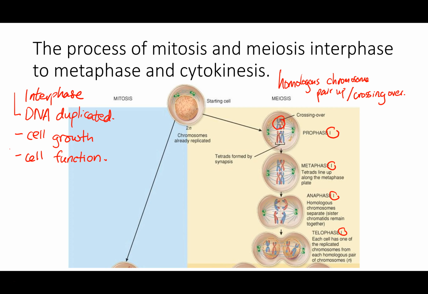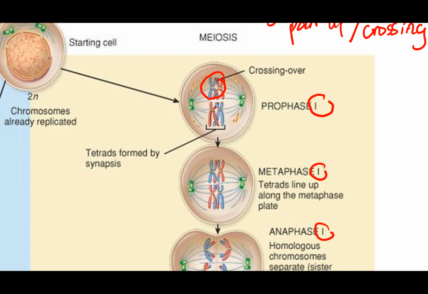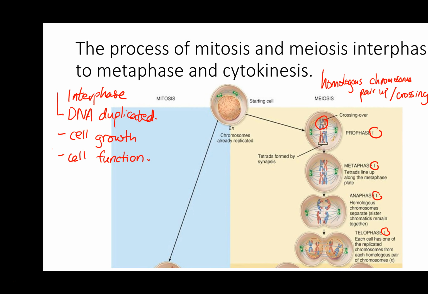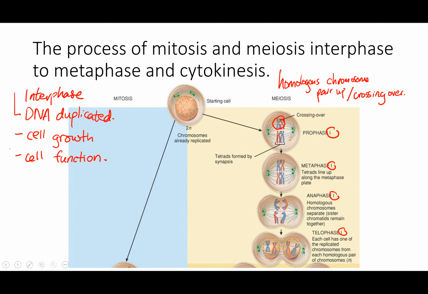Metaphase, the pairs of homologous chromosomes line up in the middle. And at anaphase, the chromosomes are getting pulled to the opposite sides.